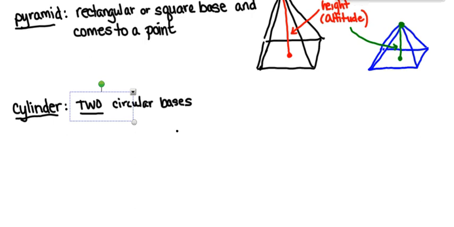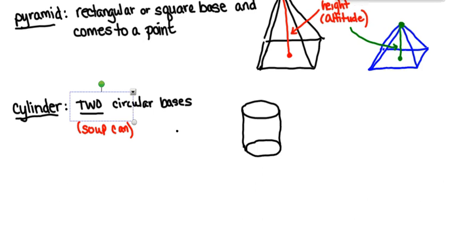So I would think about a cylinder like a soup can. When I draw my cylinders, I always start by drawing those circular bases. And then I'll connect my circular bases with the sides, so to speak, of the soup can.